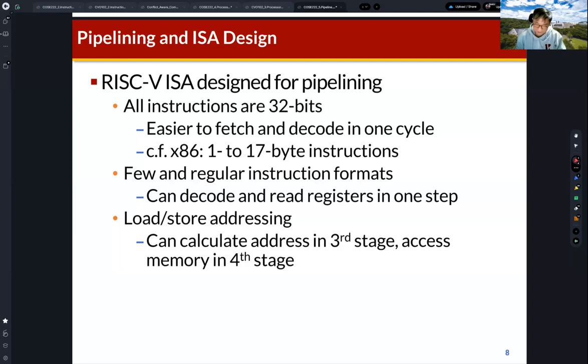Also, the size of each instruction is the same. But as you can see, the size of x86 instructions varies, because it can be from 1 byte to 17 bytes.